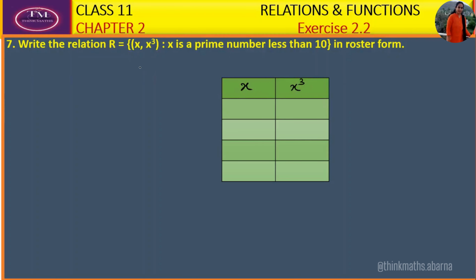Who is x? x is a prime number. Prime numbers are 2, 3, 5, 7, 11, and it is less than 10. Prime numbers start from 2, 3, 5, 7; 8 and 9 are not prime. So x takes the values 2, 3, 5, 7.